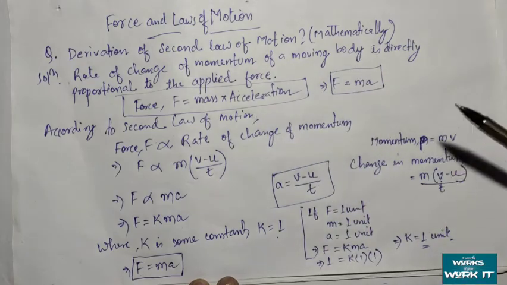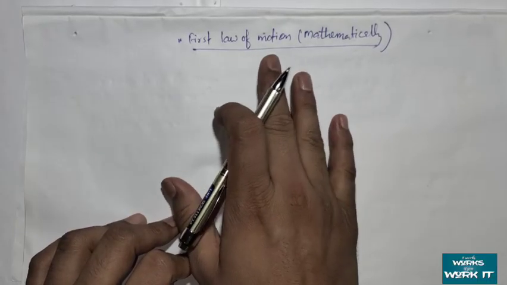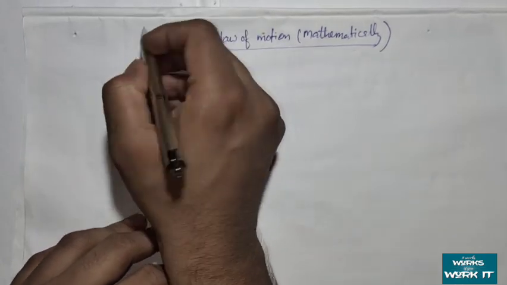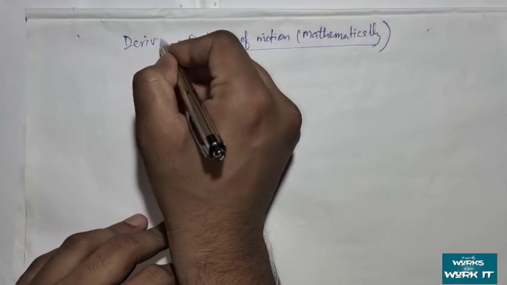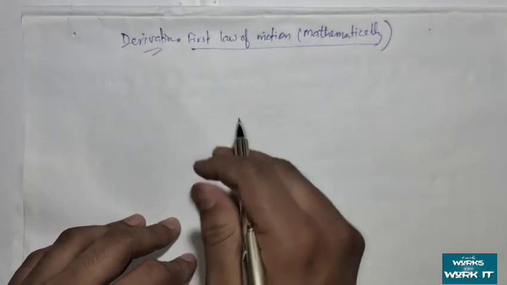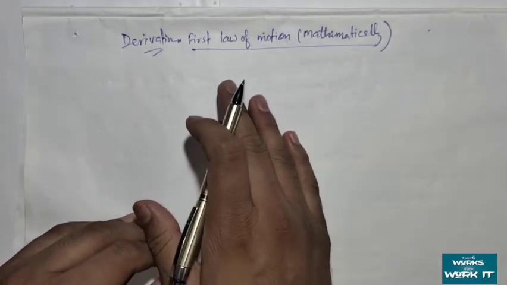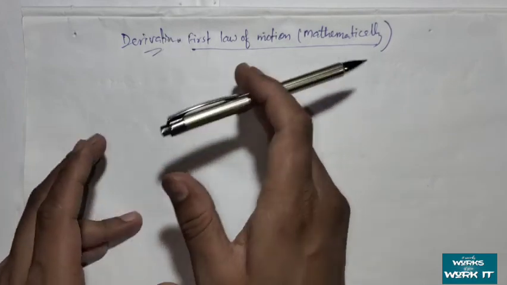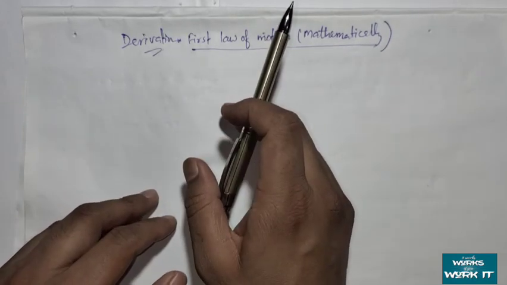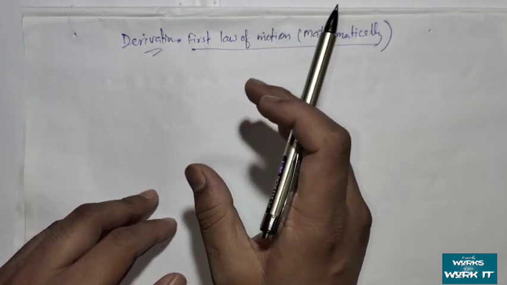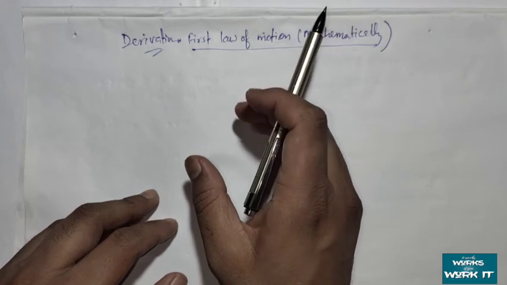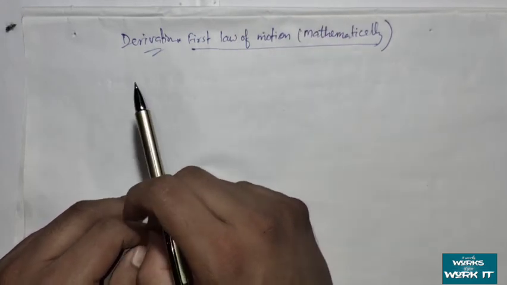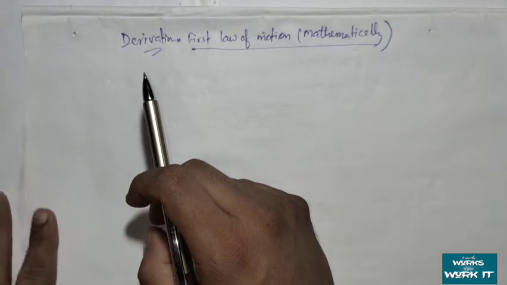We will now derive the first law of motion mathematically. This video contains all the derivation part of this chapter. We have already derived the second law of motion, and now we are on the first law of motion. Many of the components of the second law of motion will be required here in the first law.